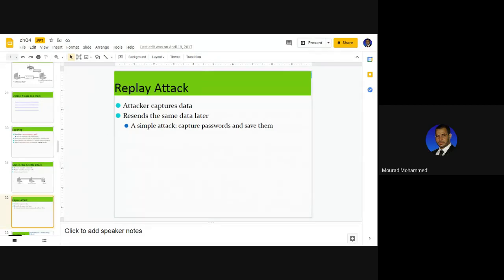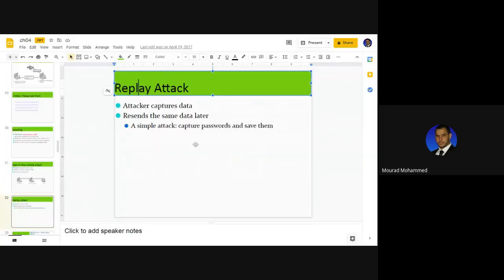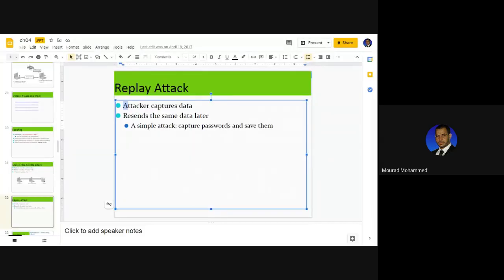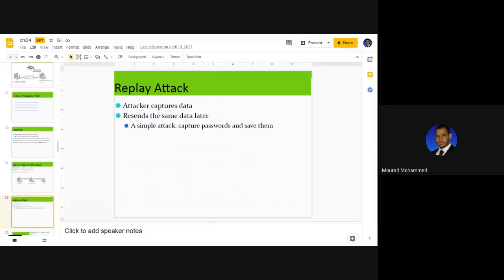If an attacker captures that signal and does not let it go from your key to the car, the attacker can use it again in future time, because if he sends it to the car, the car will see it as a new key and a new ID, and it will open. So, replay attack. A signal is captured by an attacker to be used in a future time. It has the same characteristics, but with a unique ID, to be used in future time.